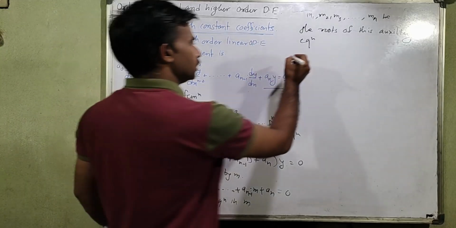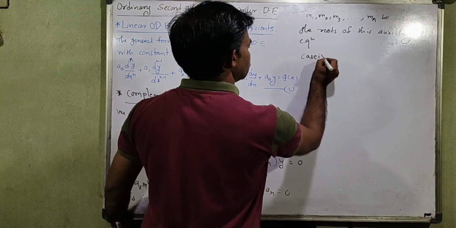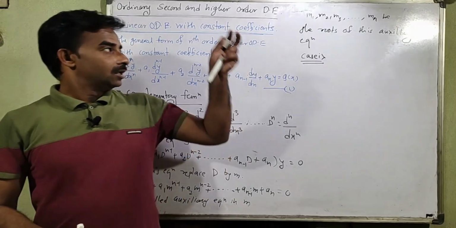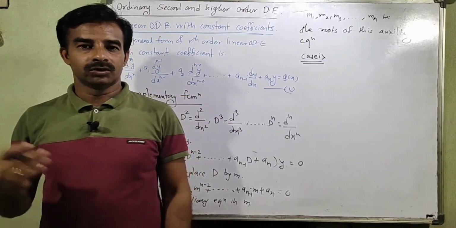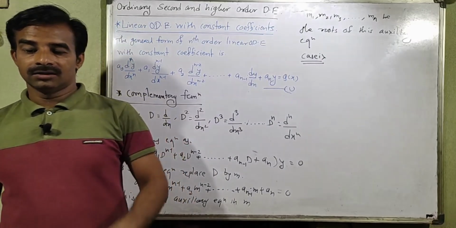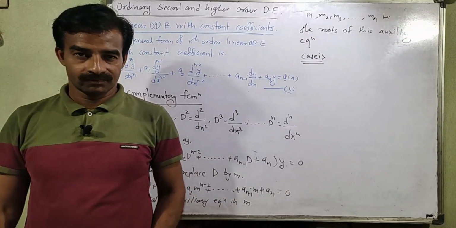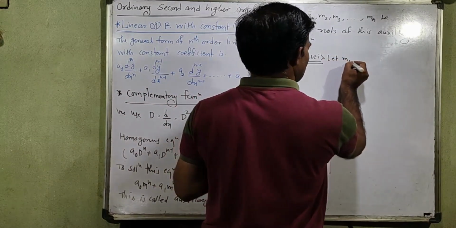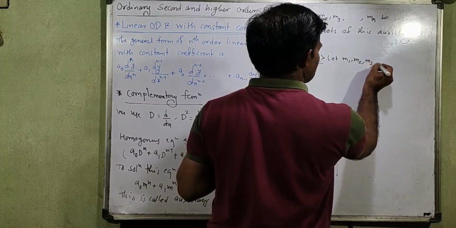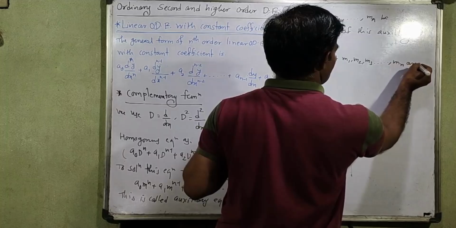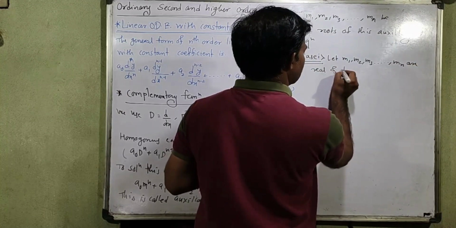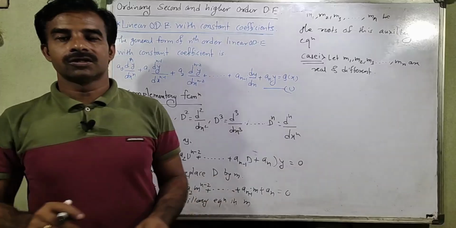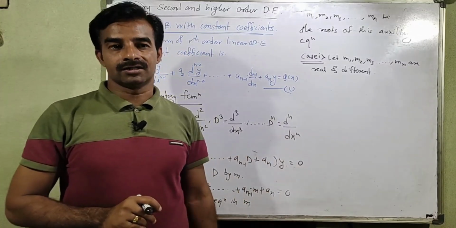Case number one. What is case number one? Consider that m1, m2, m3 and so on up to mn are real and different roots. म्हणजे काय तर सगळे रूट्स हे कसे असले पाहिजेत? रियल आणि वेगवेगळे असले पाहिजेत.